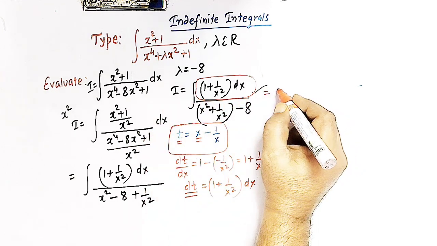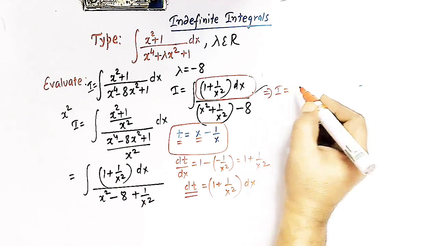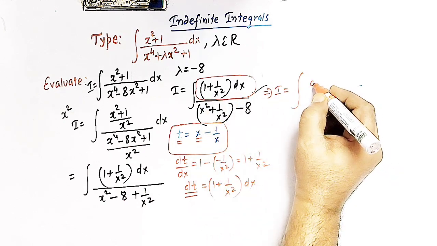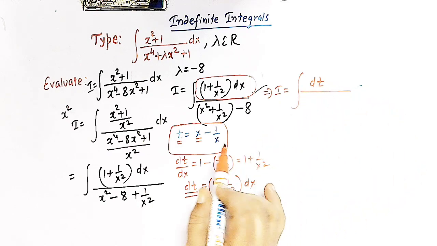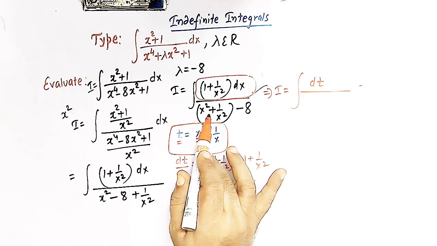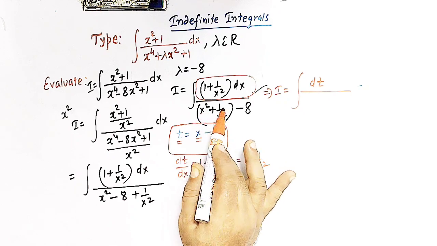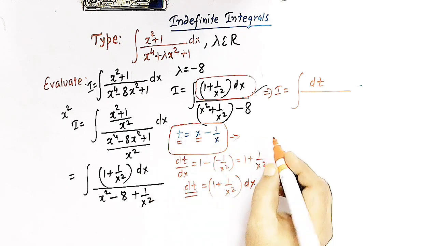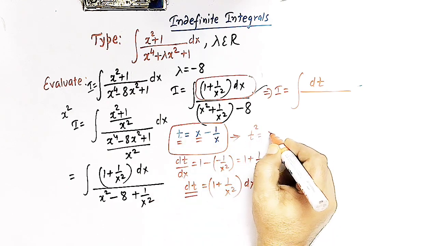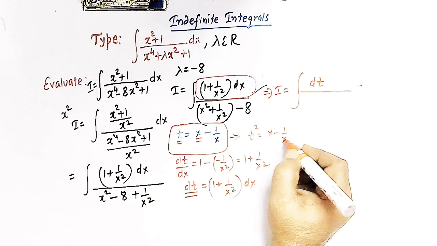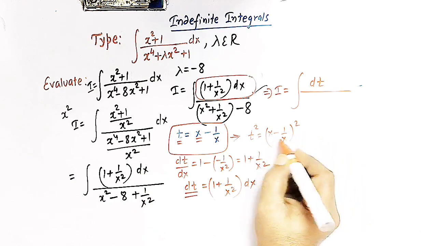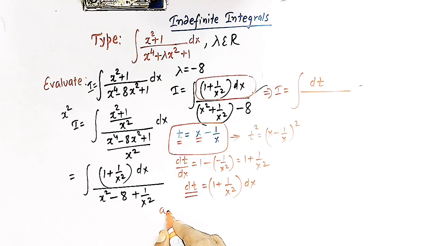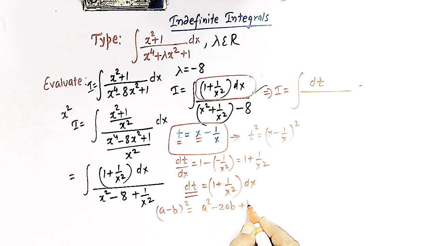So now this integral I is equal to integral dt, and now let us take care of the denominator. In the denominator we have x square plus 1 over x square. So what we will do is take the square of both sides. So here we have t square, and here we have x minus 1 over x whole square, and here we'll make use of the identity, that is a minus b whole square is a square minus 2ab plus b square.